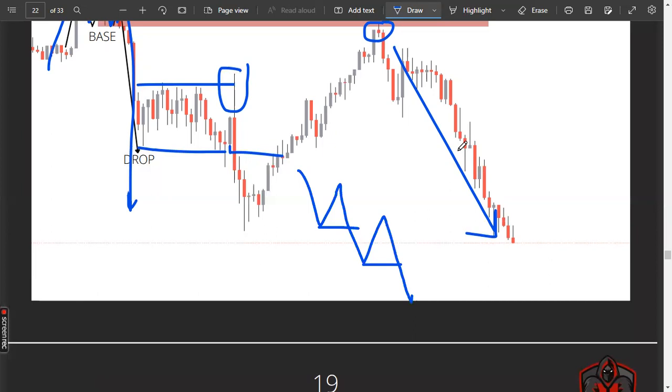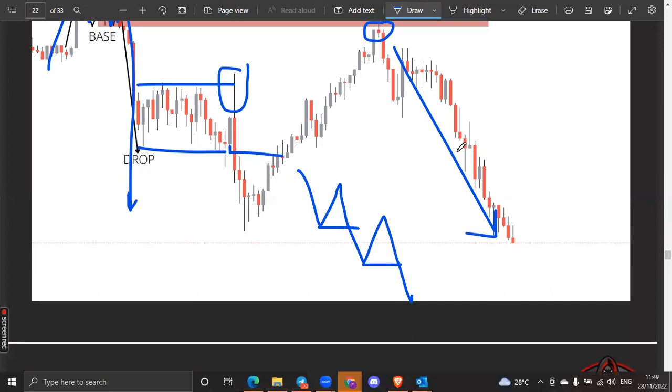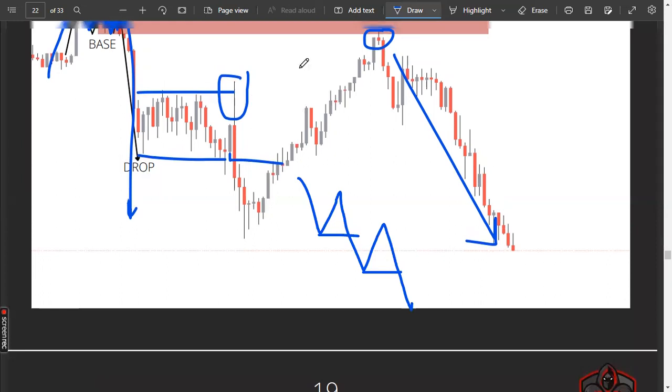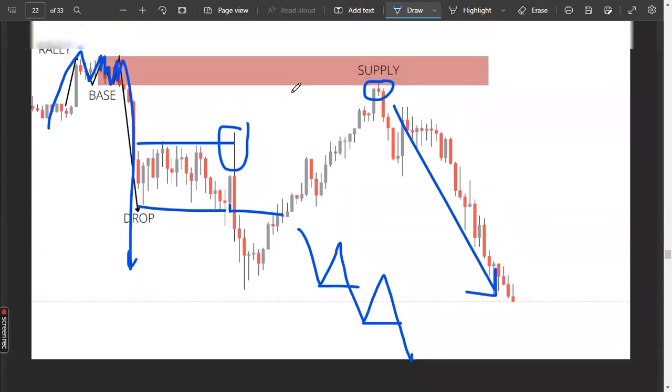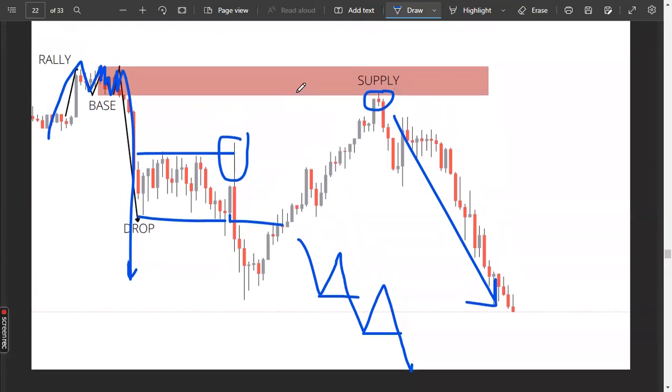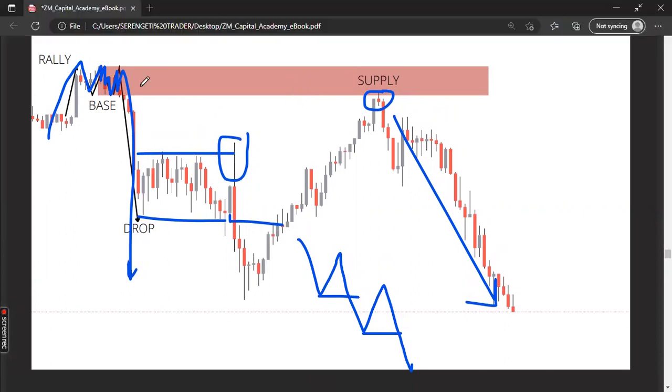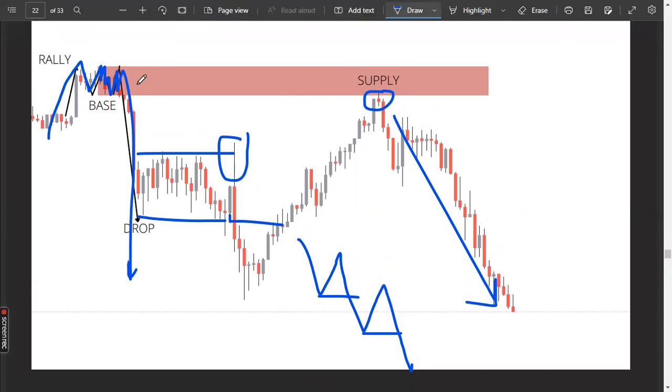You don't have to focus on demand and supply. I explain them so that even if you hear someone telling you about supply and demand, you will not say it's something new to you. They don't differ that much. So even if you are someone trading supply and demand, it's the same kind of thing. It's just a different strategy, but they relate. They are all smart money concepts.